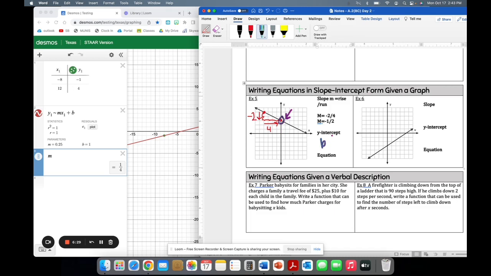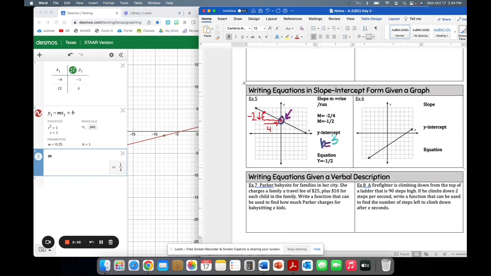So b is 3. I have my y-intercept. I have my slope. So let's write the equation. My equation is y equals -1/2 x. Don't forget to put the x. Plus 3, so +3. There you go. I have my equation.